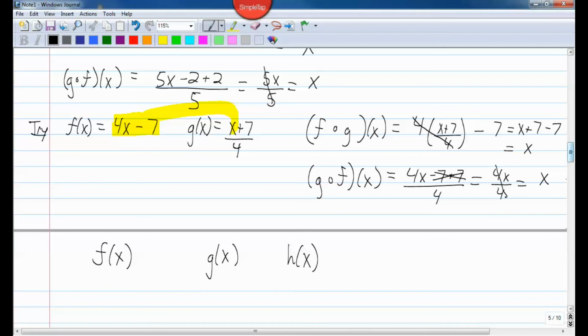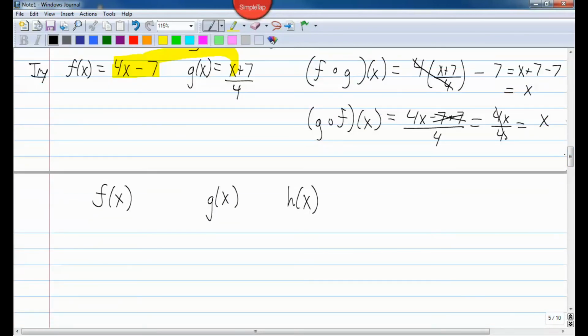And so if you have 3 functions and you want to know which functions are inverses of each other, then you're going to need to do f of g of x and g of f of x and see, are they both equal to x? If they are, then they're inverses. If they're not inverses, then you're going to need to pick f of x and h of x. So that would be f of h of x and h of f of x.